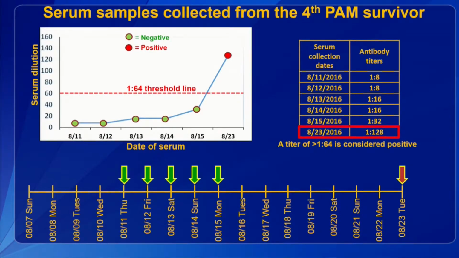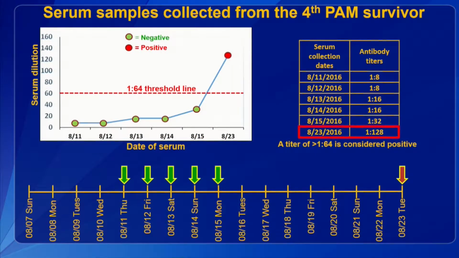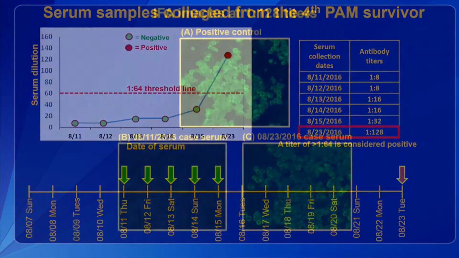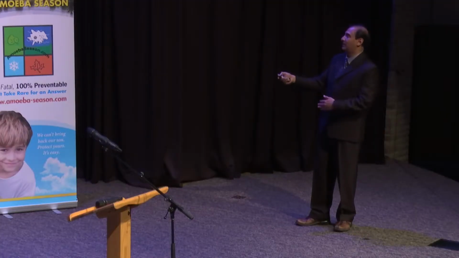And in fact, the last one was positive, 1:128. And at 1:128, we took the IFA pictures, and this is a positive control, which was staining the coated amoeba. And this is the first serum, day 1 serum, which was not staining any amoeba. And this is the last serum, which was clearly staining amoeba.